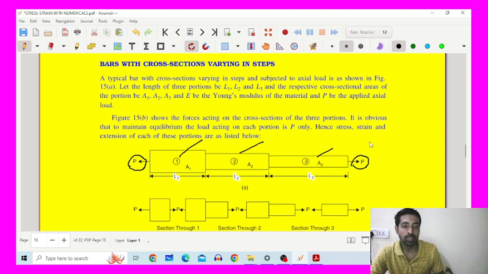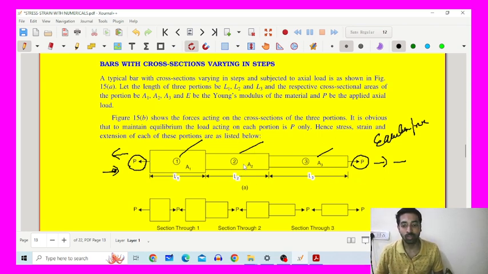Such a problem is an equilibrium problem, meaning both forces are neutralizing each other. Let's suppose P is acting outward at both ends, both of tensile nature. So the problem is of equilibrium condition.